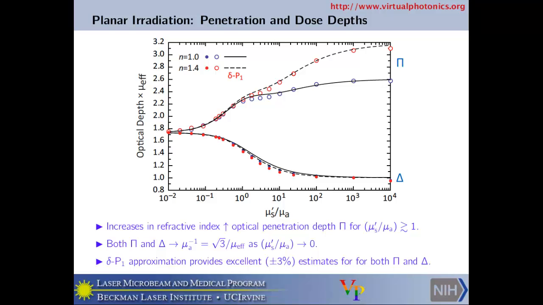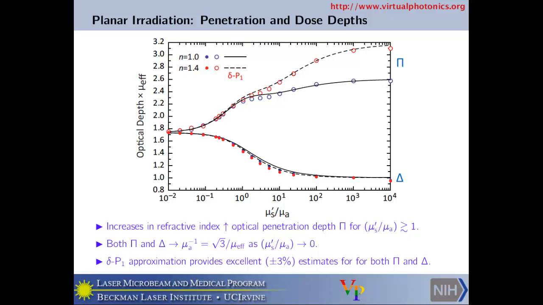And yet, in the case of high scattering, delta P1 essentially becomes the standard diffusion approximation. But even close to the source, it's better too, because it handles the collimation close to the source better. It starts to have difficulty when scattering and absorption are comparable, because it's not perfect still.